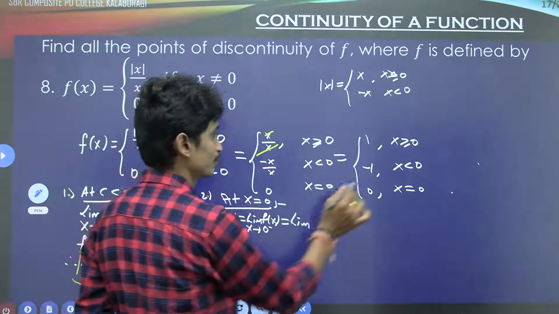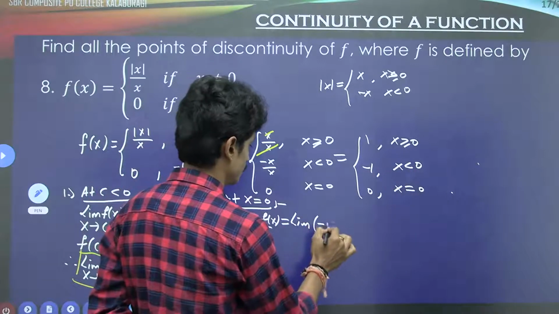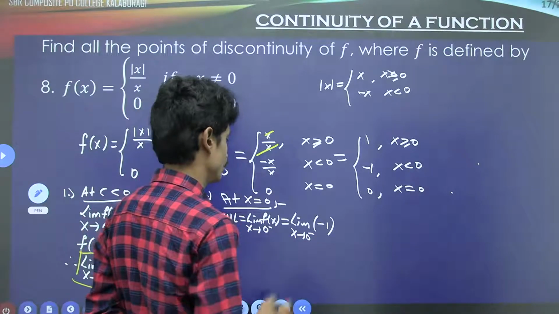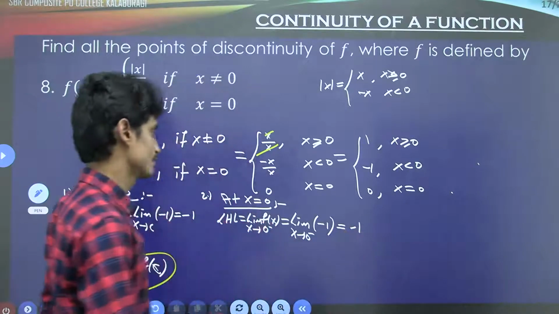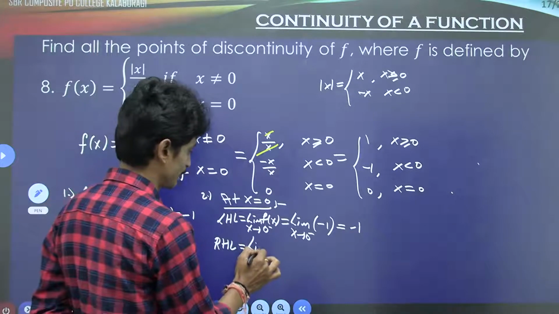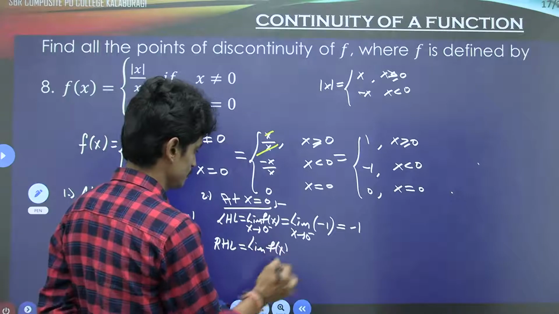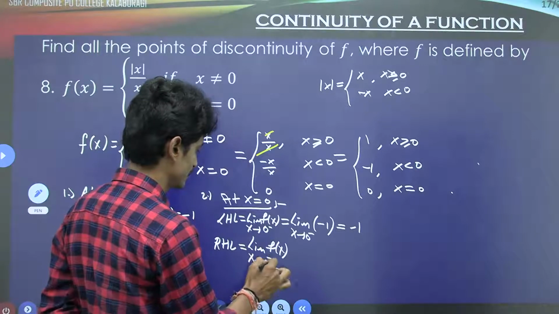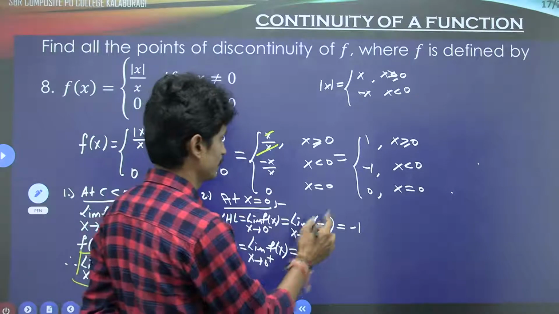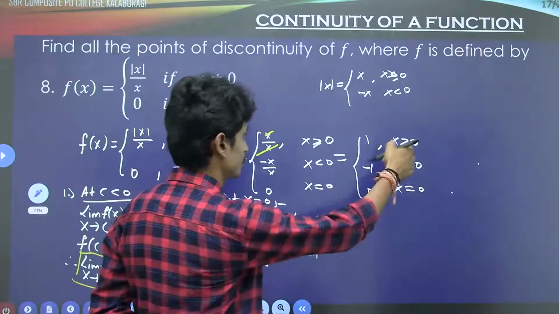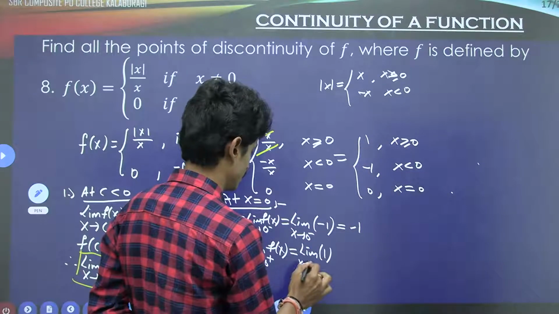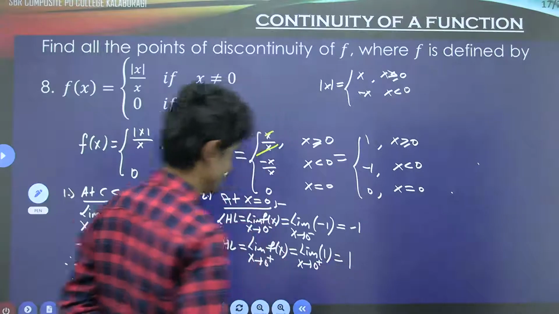Input will be minus 0.001, and at that time the relation will be minus 1. X tends to 0 minus, limit of constant is constant. In the same sense, we can choose the right limit. The right limit is the limit of f of x as x tending to 0 plus, which will be plus 1. 0.001 means we choose the relation 1, so as x tends to 0 plus, it is 1.